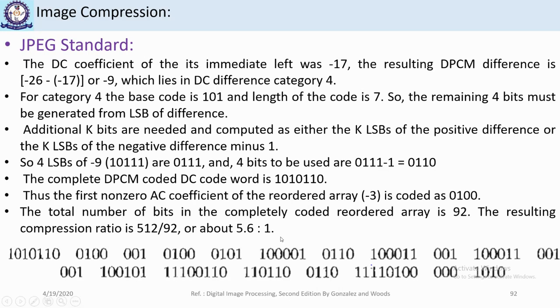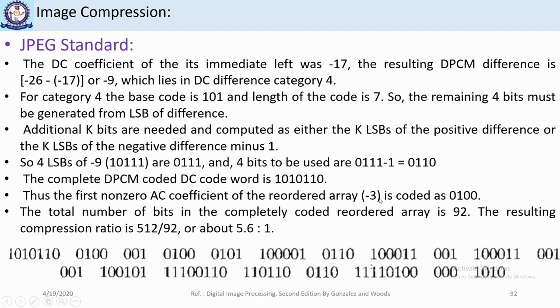So here we have got 01. Now we need to get the remaining two LSBs. -3 is there, so we follow the same procedure as before. In 2's complement form, -3 will be represented by 101.